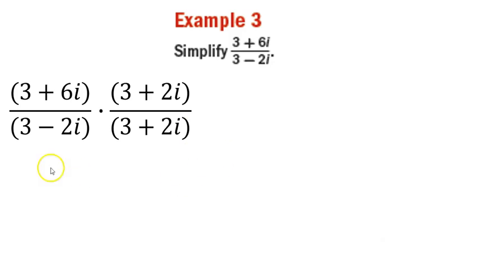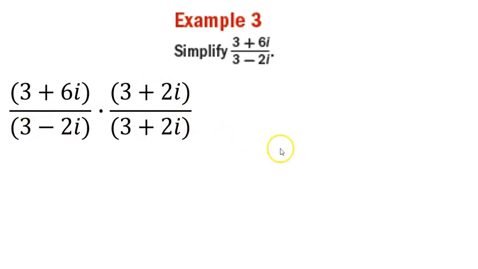So I'm going to multiply this fraction by the complex conjugate of the denominator. I'll go over why that's happening once we see what happens in the end. So there's a lot of distribution to do here. I'm going to multiply 3 plus 6i times the quantity 3 plus 2i.